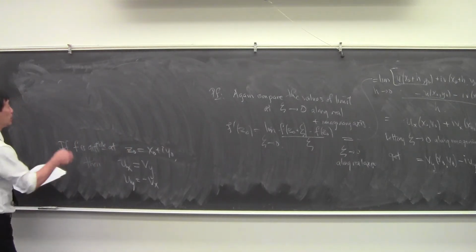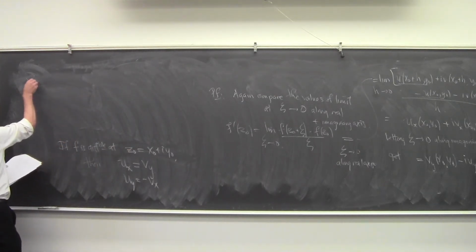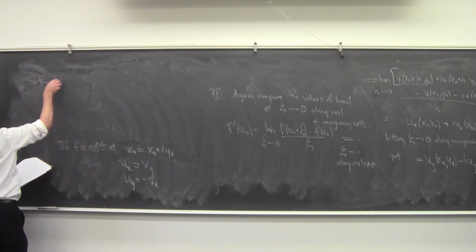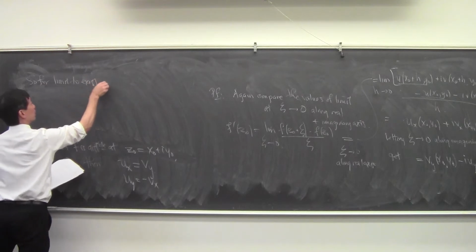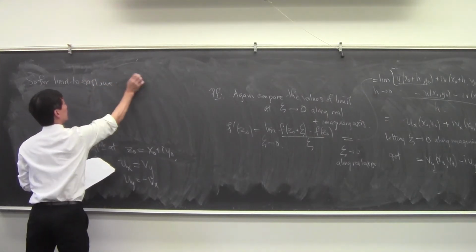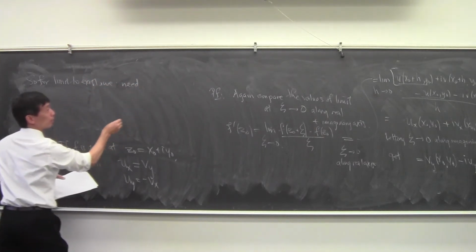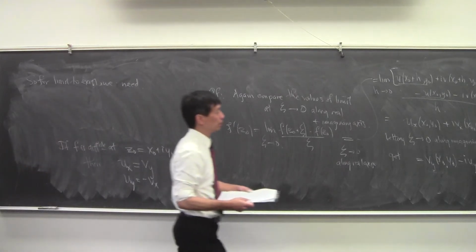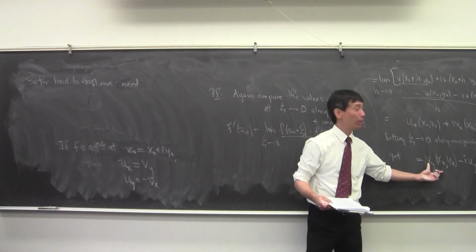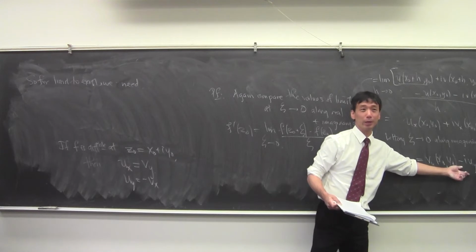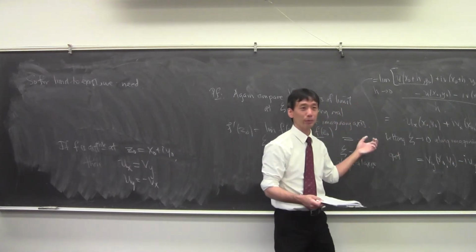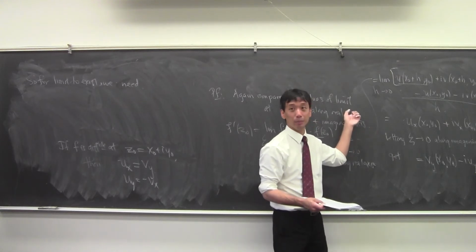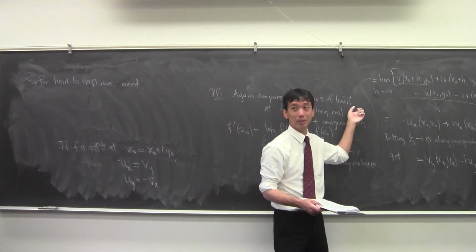And so for the limit to exist, we need the real part to be this real part and the imaginary part to be this imaginary part. We need these things to be equal, just like before, when we needed z bar minus z to be equal to z bar plus z.